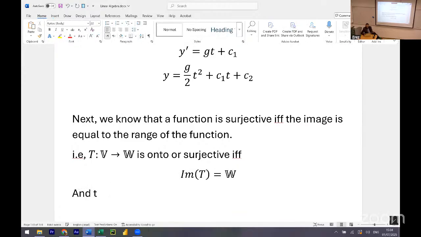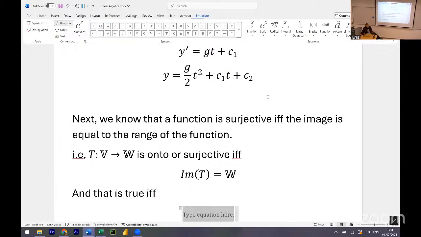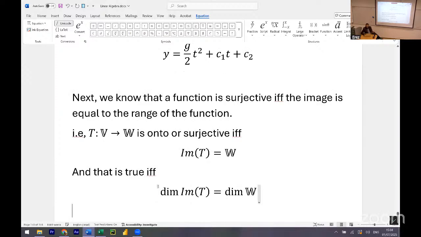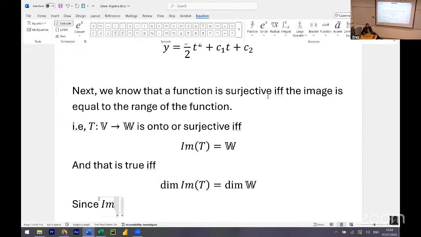And that is true if and only if the dimension of the image is equal to the dimension of W, since the image is a subspace of W. So we learned that if we have a subspace of the same dimension, it's the whole space.